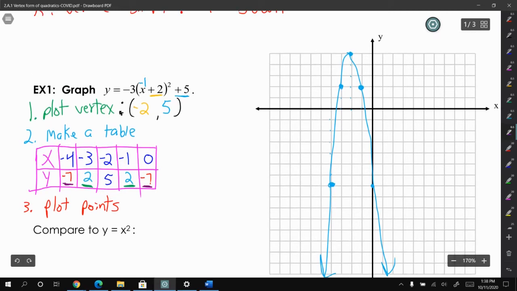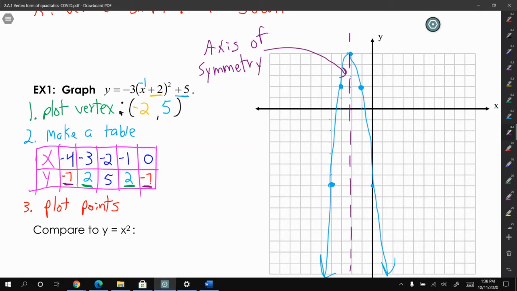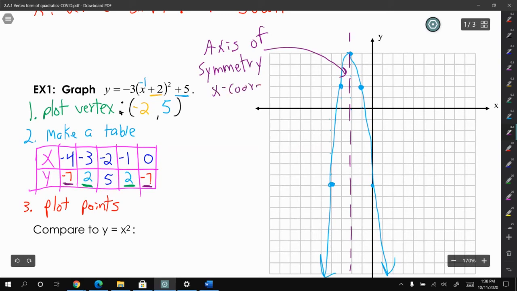And something else we have with parabolas is this line right here. This is called the axis of symmetry. And it's going to be the x-coordinate of the vertex.